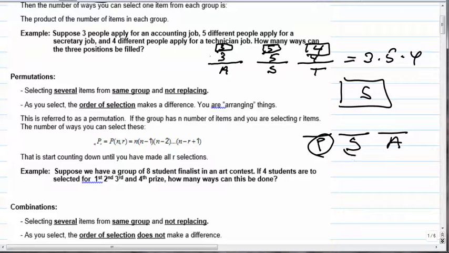If I pick you second, you would be secretary. So this is an example of a permutation. I'm choosing from the same group 3 items, but when they get selected makes a difference. That is what we refer to as a permutation.